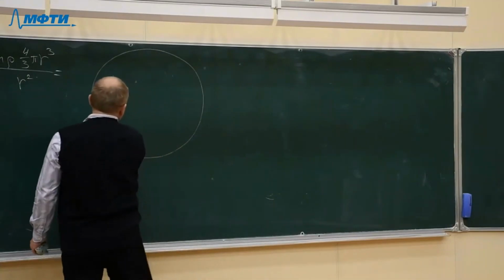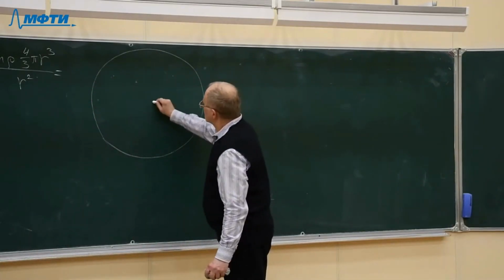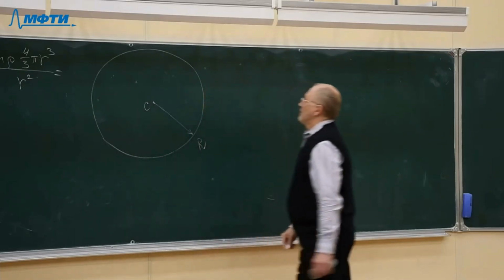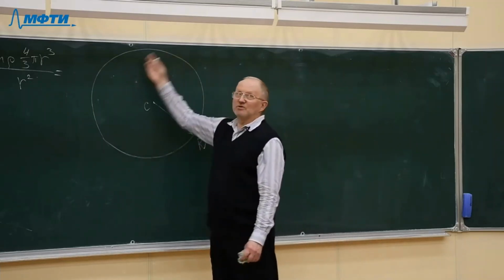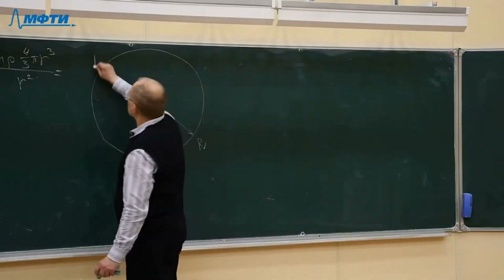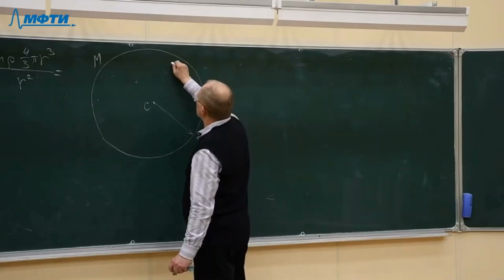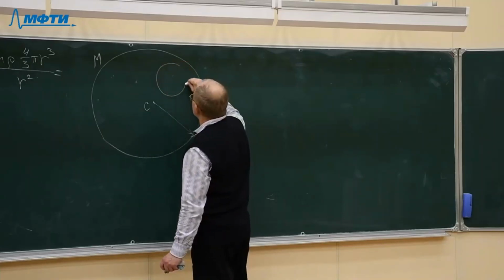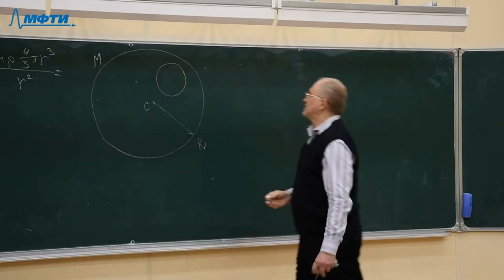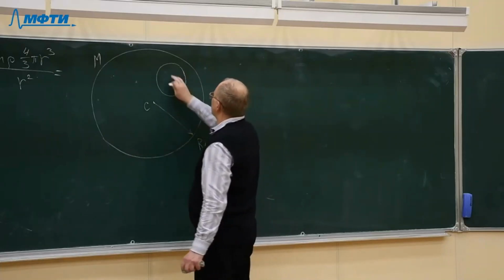Let's consider a solid sphere with the center in point C and radius r, and the mass uniformly distributed throughout the volume of this sphere, and its mass is M. And let's consider a spherical hollow place inside, a spherical cavity inside the sphere.